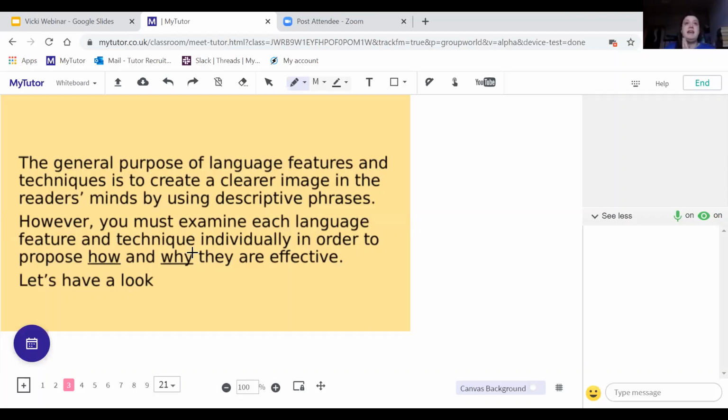If you just say, for example, this tells the reader that, and this therefore makes them want to read on, you won't get credit for it because it's far too general. You need to be specific as to why it is helpful, why it's useful, why it's there, what's the purpose of it. Otherwise you don't get credit for it, unfortunately.